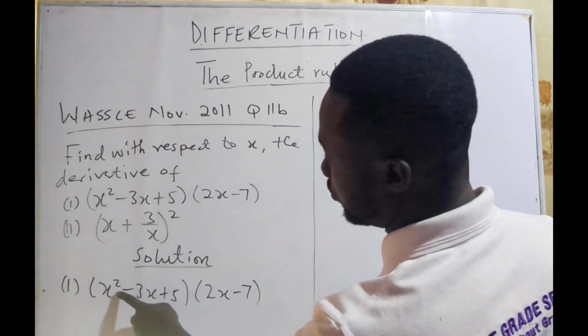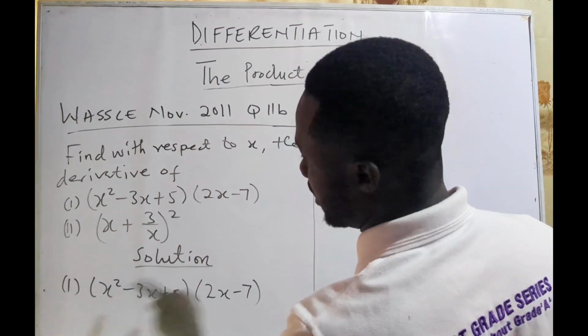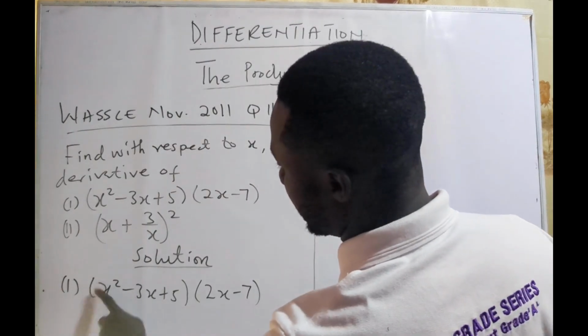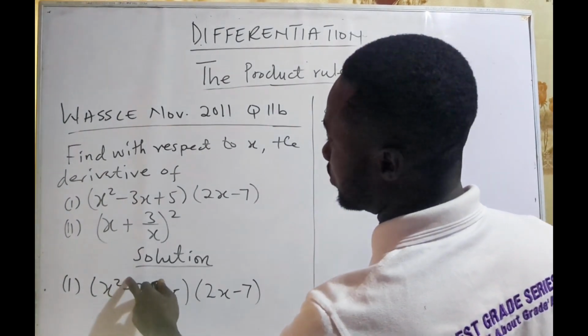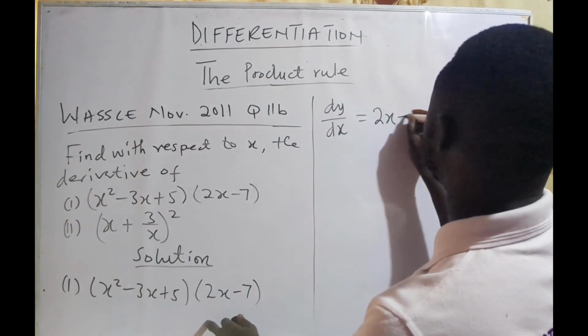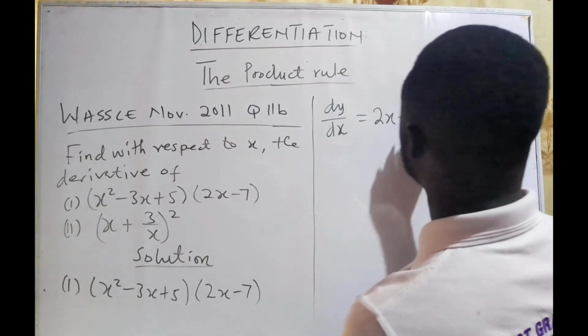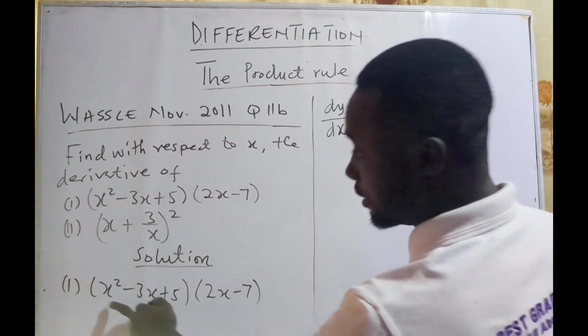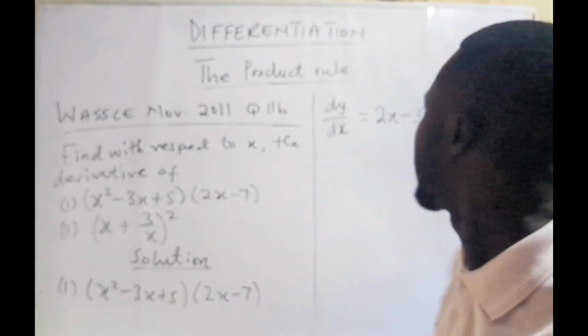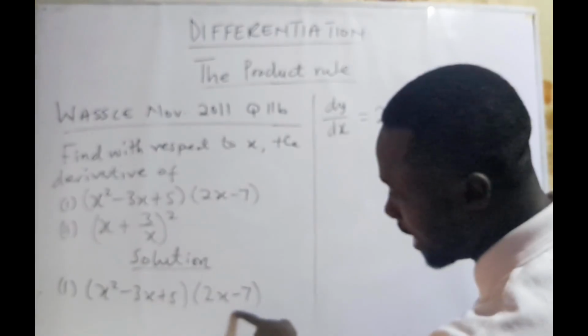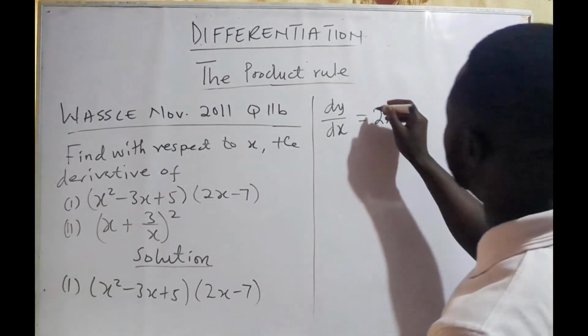If I differentiate s squared minus 3s plus 5, 2 multiplies the power, so that will be 2s. Then we subtract 1 from the power, so I get 2s minus, then minus 3s gives 3. So the derivative of this one is 2s minus 3.